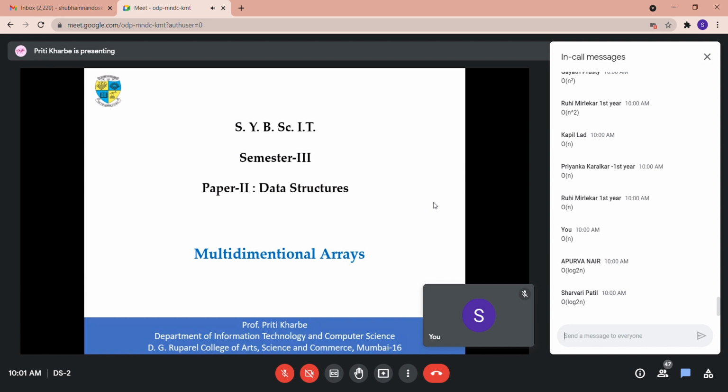Now we will see multidimensional arrays. In multidimensional, we are going to see memory allocations of two-dimensional and three-dimensional.